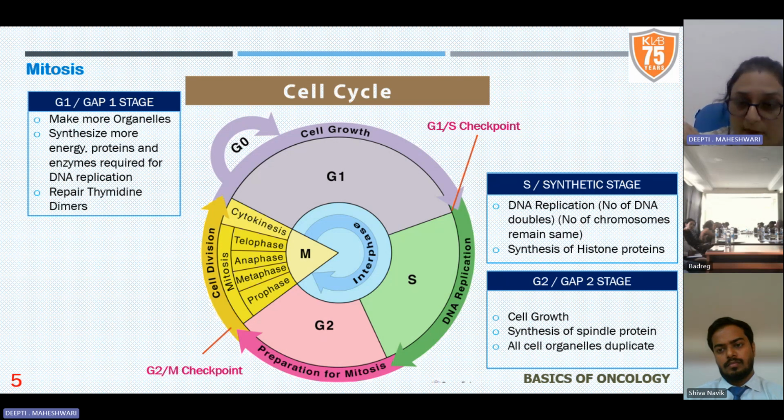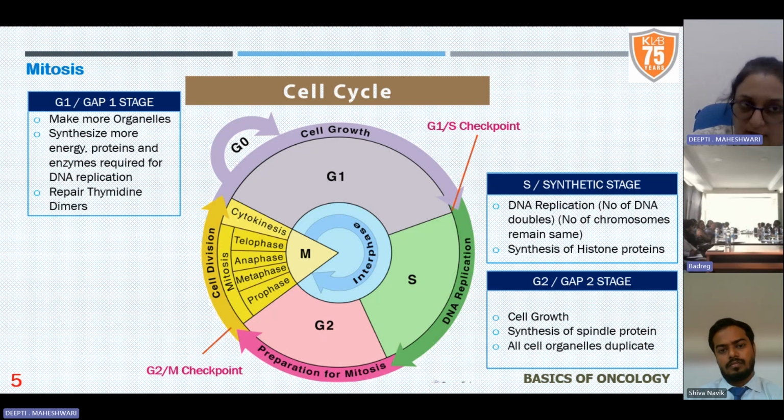So you have spindle formation in the G2 phase, and all the cell organelles. See, every cell has multiple cell organelles. It has ribosomes, mitochondria, Golgi apparatus. So all that also has to duplicate. Only when they duplicate can the cell multiplication take place.